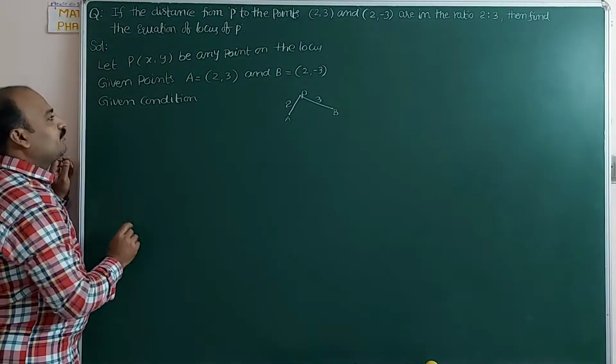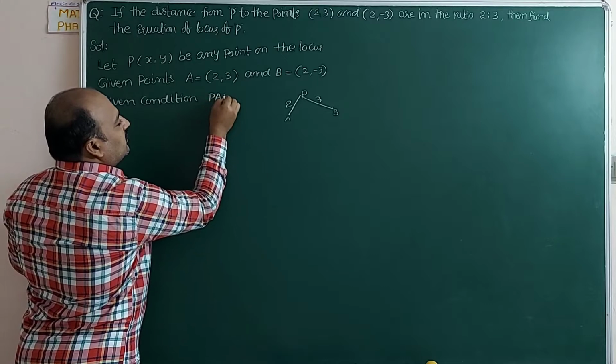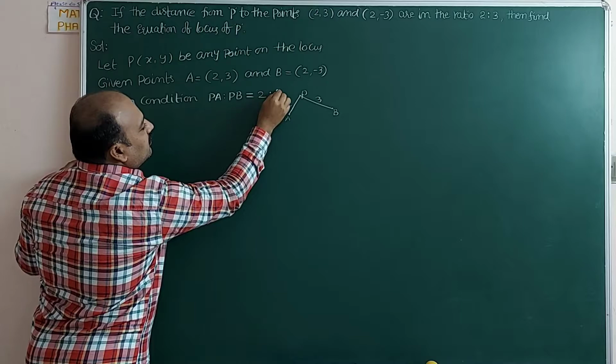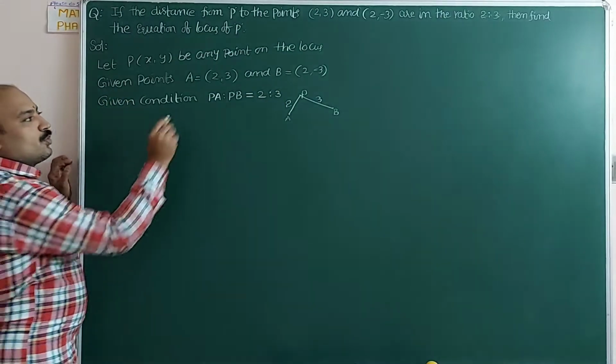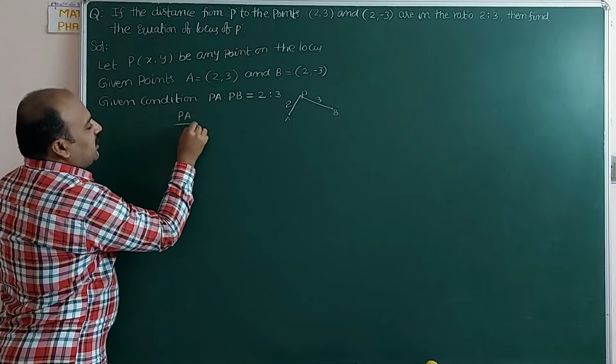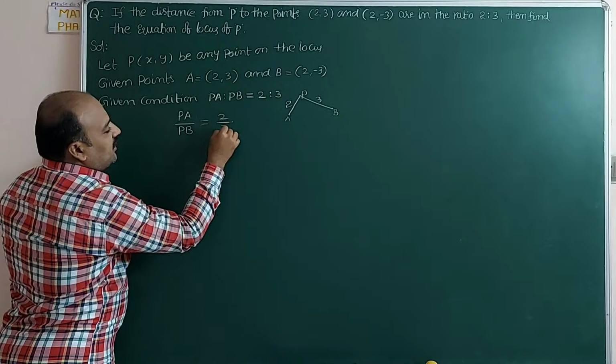So therefore, given condition: PA is to PB equal to 2 is to 3. Therefore, PA by PB is equal to 2 by 3.